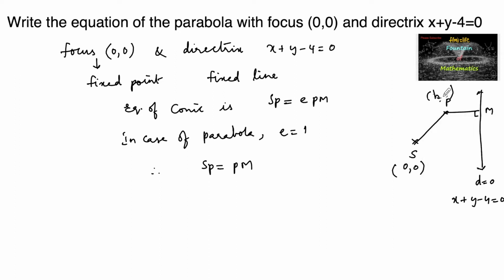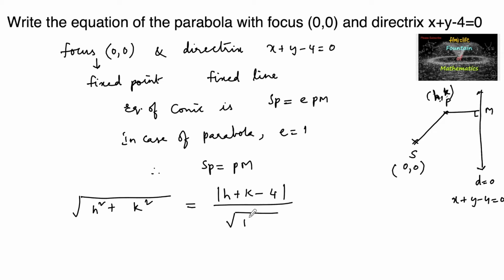So the distance is the square root of (h minus 0) whole squared plus k squared, equal to the perpendicular distance from the point to the line. So we can write |h plus k minus 4| upon the square root of 1 squared plus 1 squared.